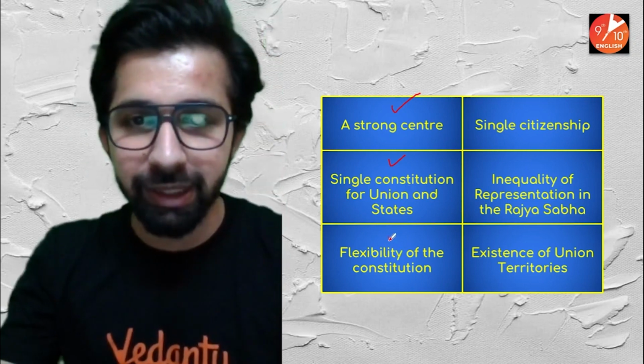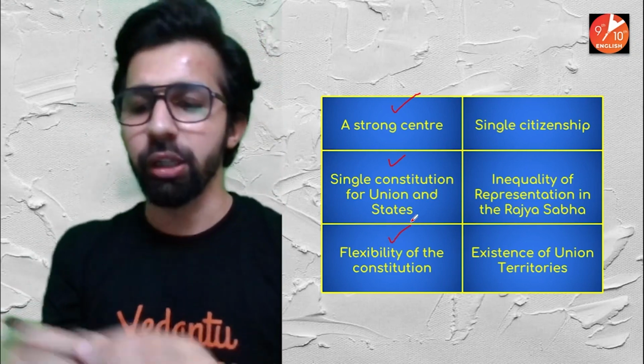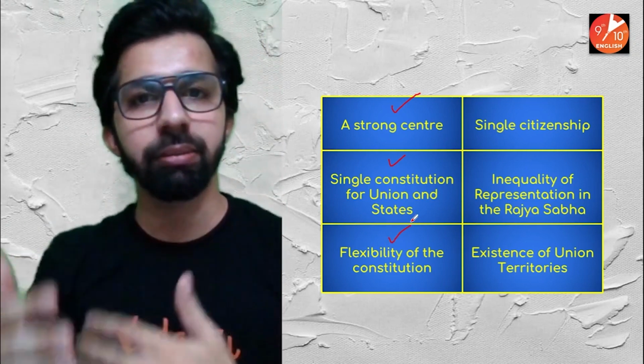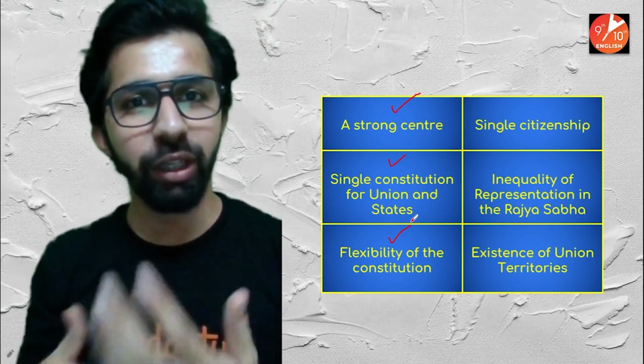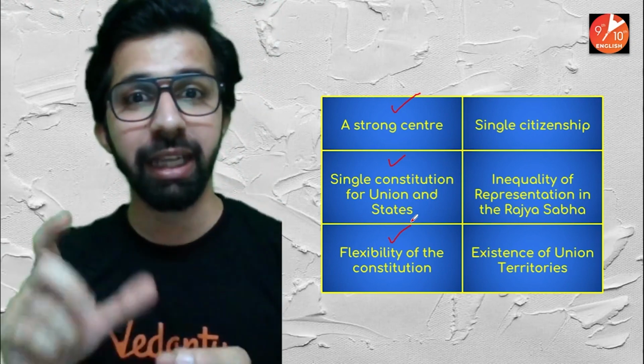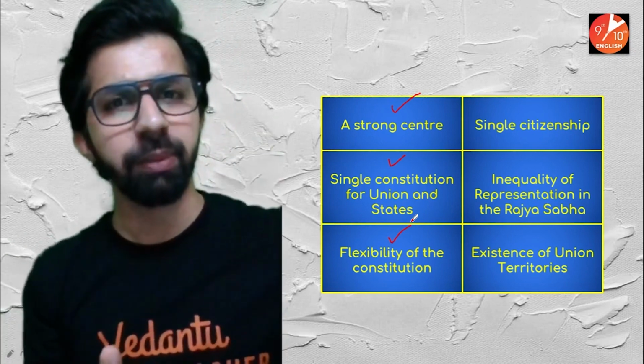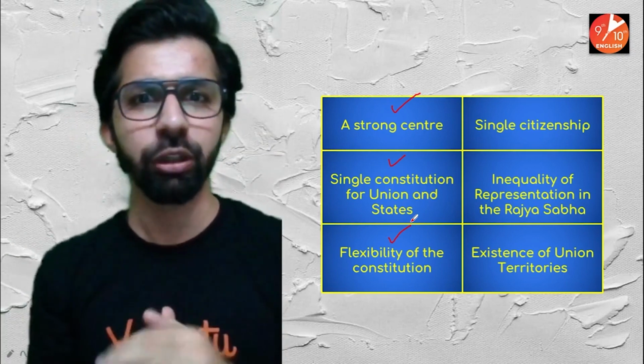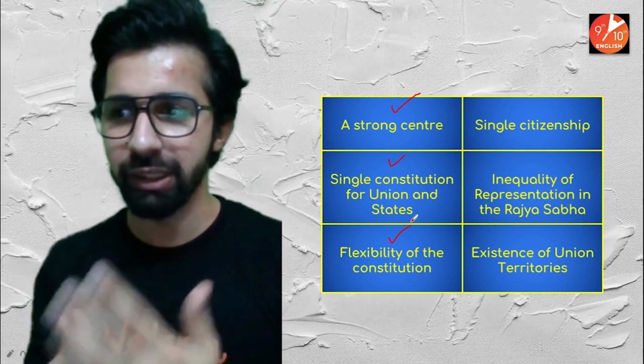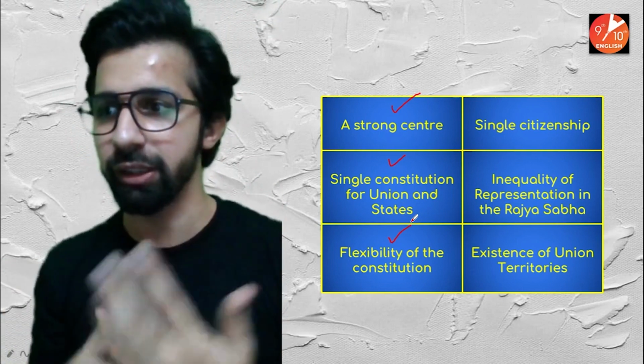Third, flexibility of the constitution. So guys, the constitution can be amended from time to time. What do we understand from the term amended? It can be changed, it can be modified. Our constitution was made back in 1950. After 1950, a lot of changes have happened in India, in the political and social situation.